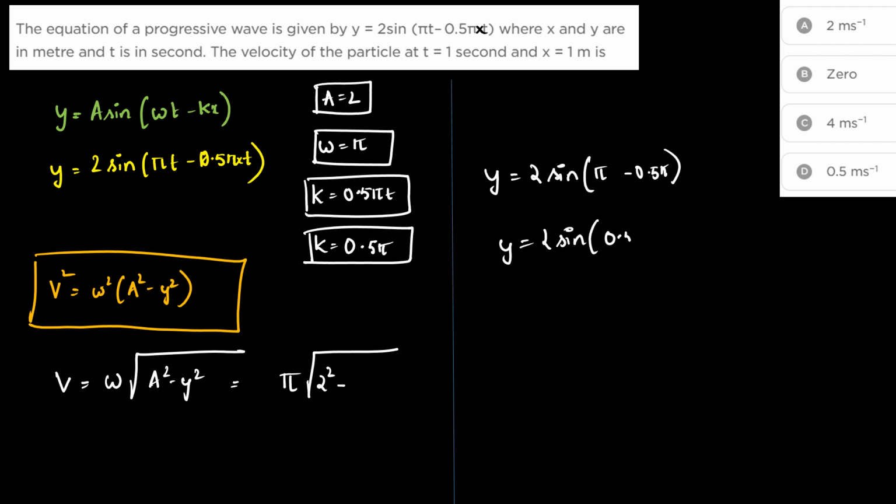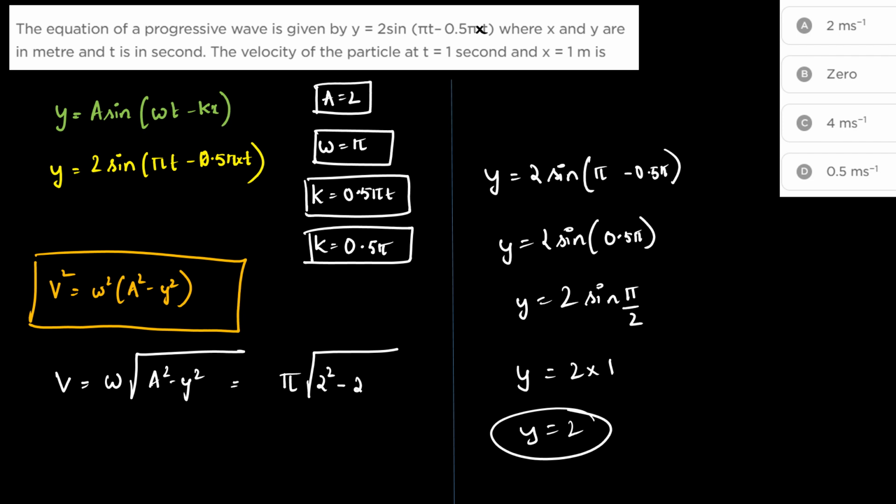So it is going to be 0.5 pi. Now how can I find out the value of y? This can be written as pi by 2, right? So 2 sine pi by 2. What is sine pi by 2? It is 1. So 2 multiplied by 1, y is equal to 2.